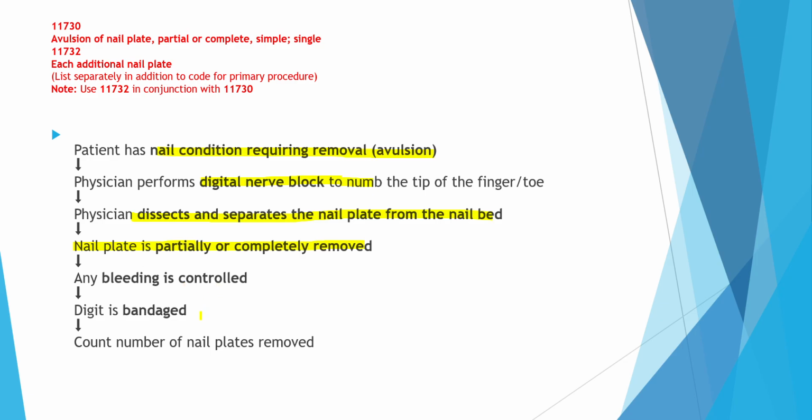Okay. You need to remember that you will count the number of nail plates removed. Whenever the physician is performing the procedure, you have to count the number of nail plates.